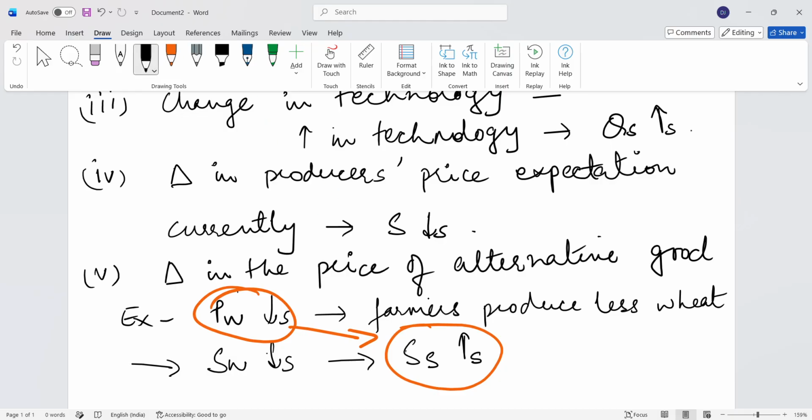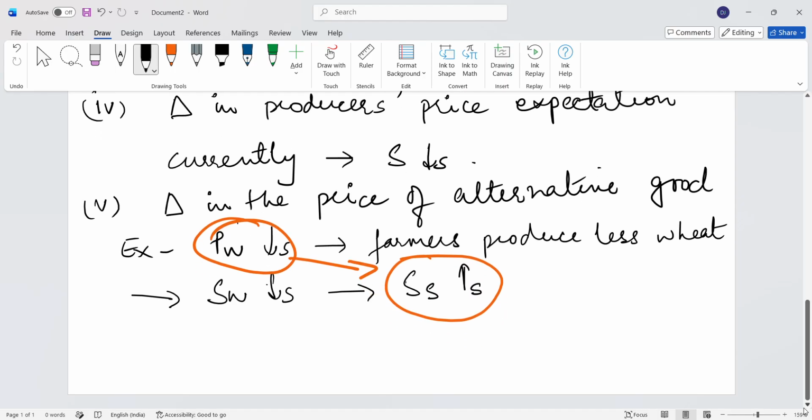Then we move to the next factor affecting supply, the sixth, which would be taxes. Taxes and subsidies I would take up together.